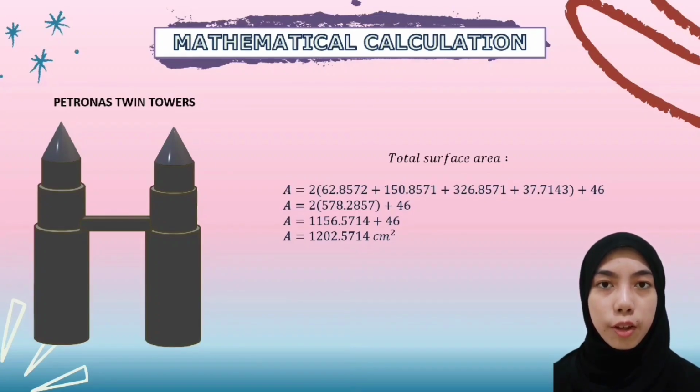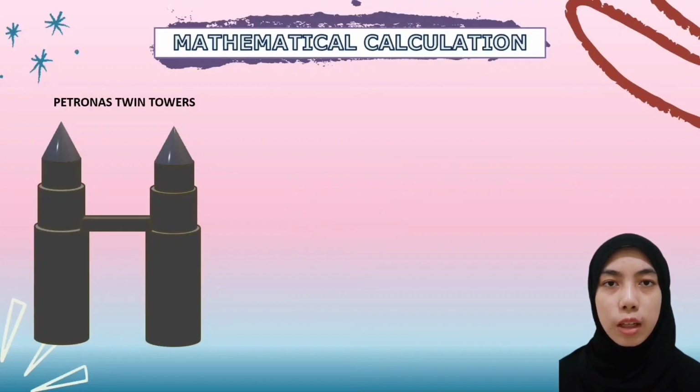Since there are two sets of cylinders, left and right, and two cones, add all in one bracket and times with 2. Then plus the cuboid surface area. Calculate it all and you will get your final surface area answer for the Petronas twin towers, which is 1,202.5740 cm².